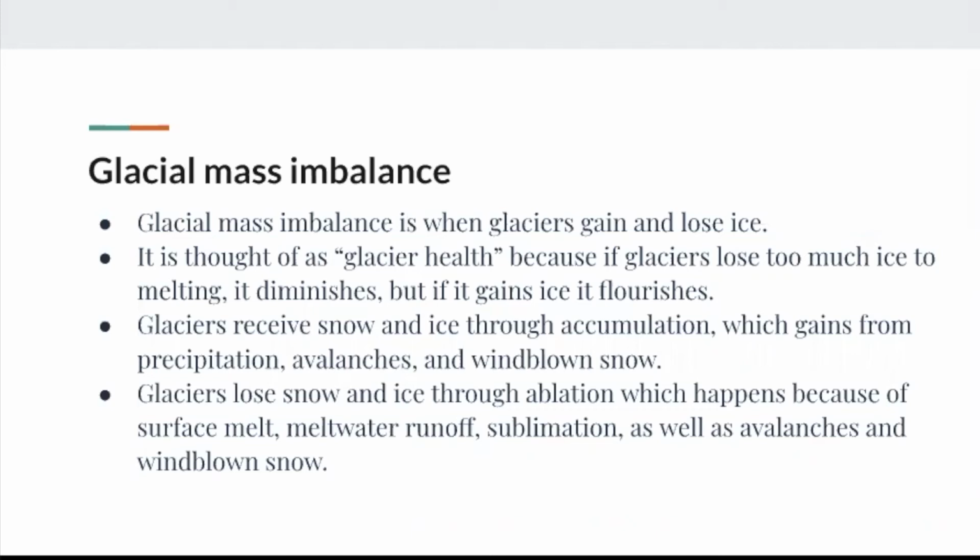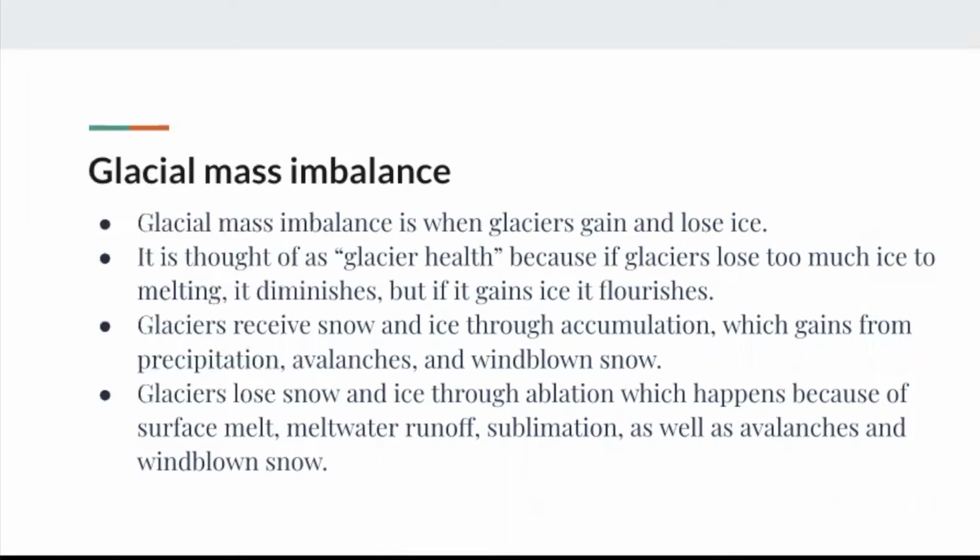And then we also have avalanches, and that's just large accumulations of snow. I don't know if you guys have ever seen a video of an avalanche, but basically it packs up lots of snow and it gains a lot of momentum, so it's moving really fast. And that can pack up a lot of snow and add to the glaciers. And then we also have windblown snow, and that's basically snow drifting.